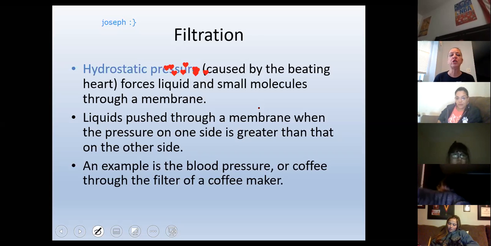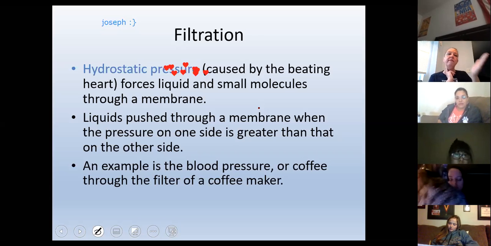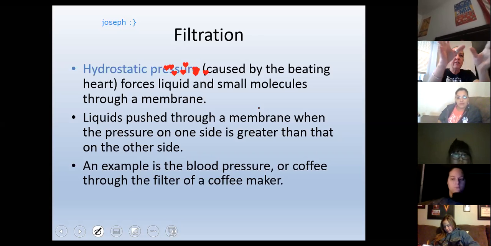I love that word, sploosh. They sploosh blood into your blood vessels. The splooshing of the blood causes your blood vessels to expand. And then when your ventricles relax, they contract. If you feel your pulse, when you feel the blood vessel push against your finger, that's because your heart has contracted, you're feeling a sploosh.